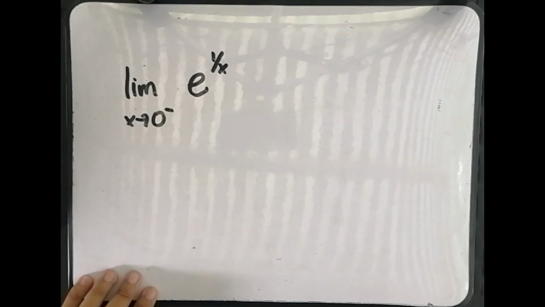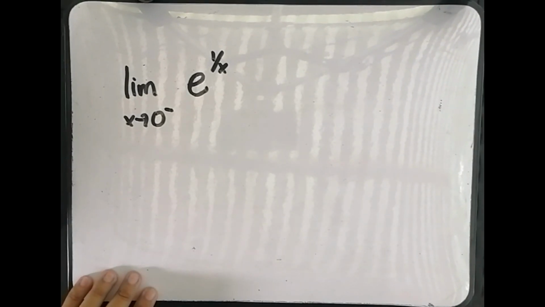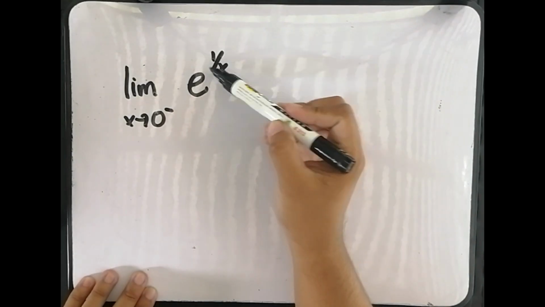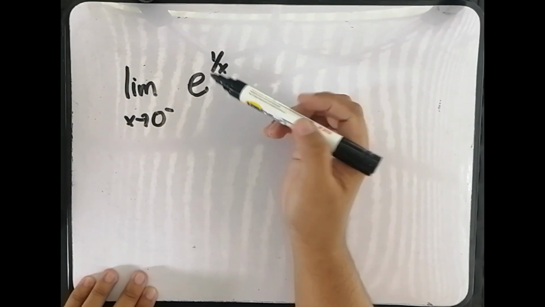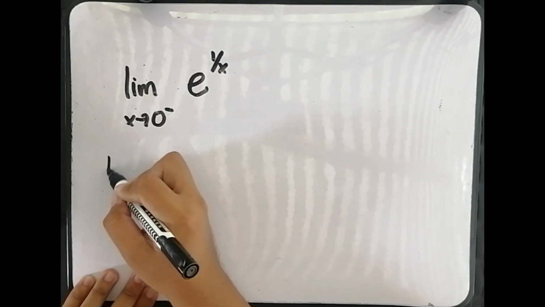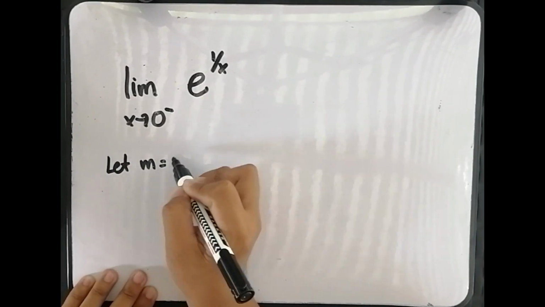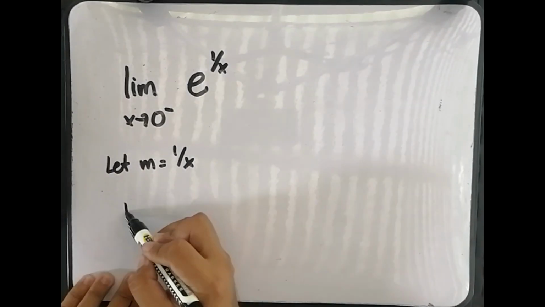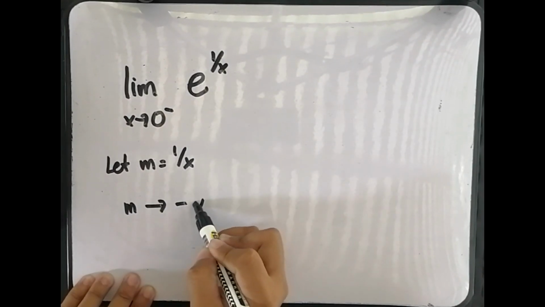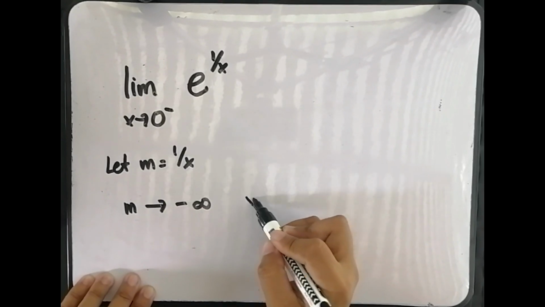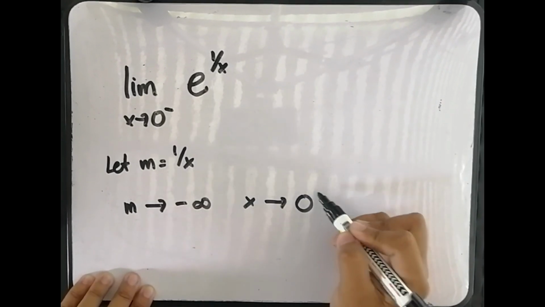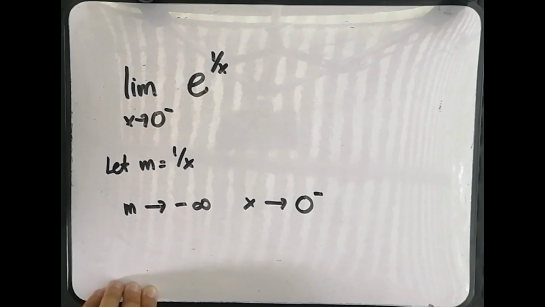How about this one? The limit of e raised to 1 over x as x approaches 0 negative. So how do we solve this? Okay, it is easier kung isa-substitute natin ang any value doon sa 1 over x. Let's say m. Okay? So we let m be equal to 1 over x. As m approaches negative infinity, x approaches 0 passing through the negative values.